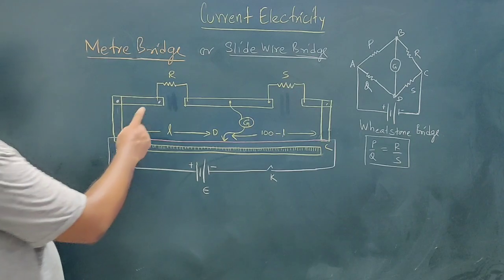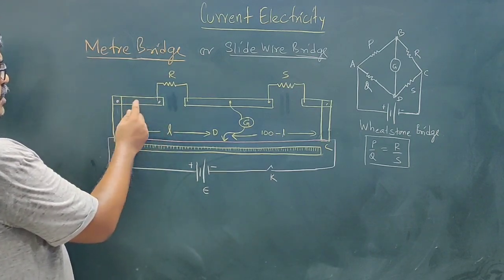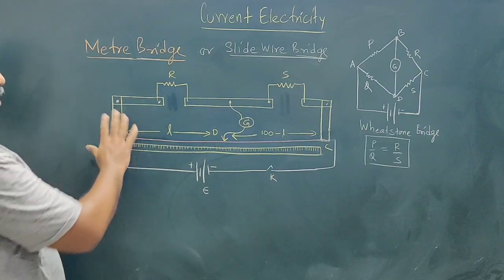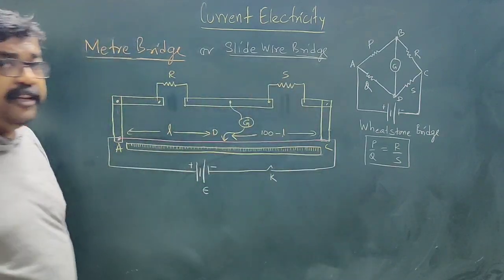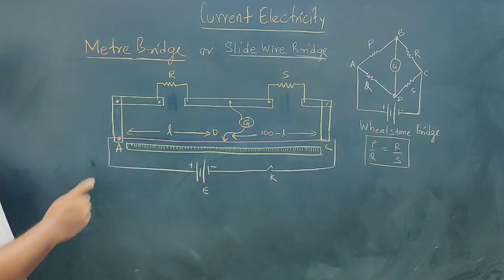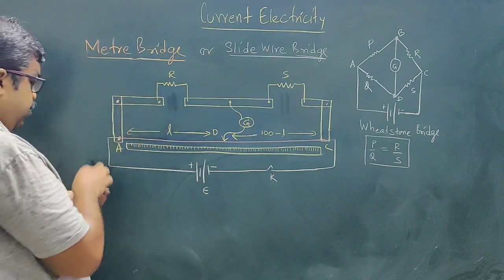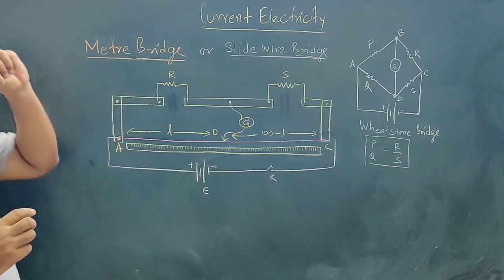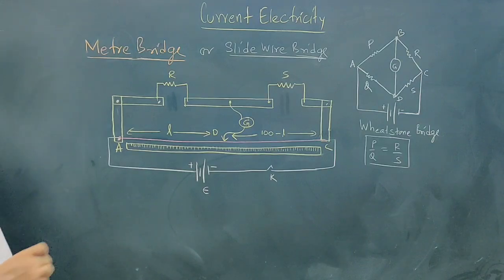Basically, these are copper strips. This entire arrangement is fixed on a wooden board. This is a copper strip, but any metal strip will do, as long as it has low resistance.